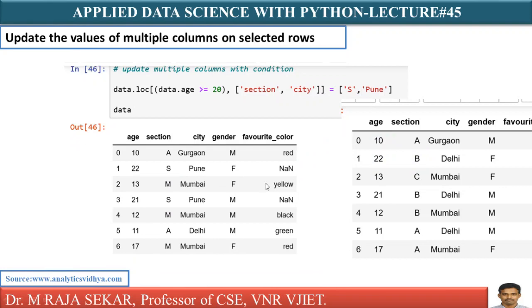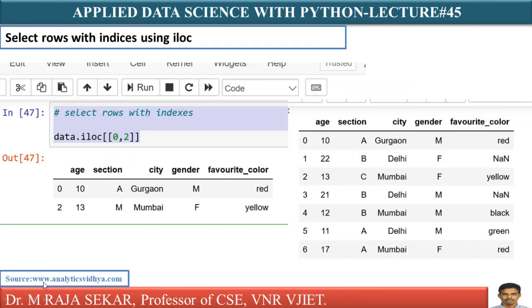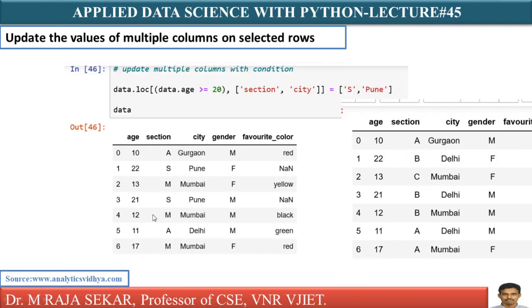Now, let me proceed. What's happening here? Just see, updating values of multiple columns on selected rows. What does it mean? Section is one column and another column is city. I am updating two columns at a time. That's why it says updating values of multiple columns on selected rows only.